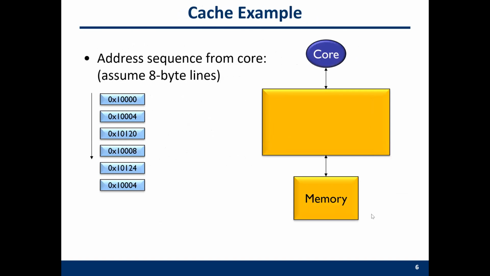Then we will have one example. So here each frame and each cache line is 8 bytes.